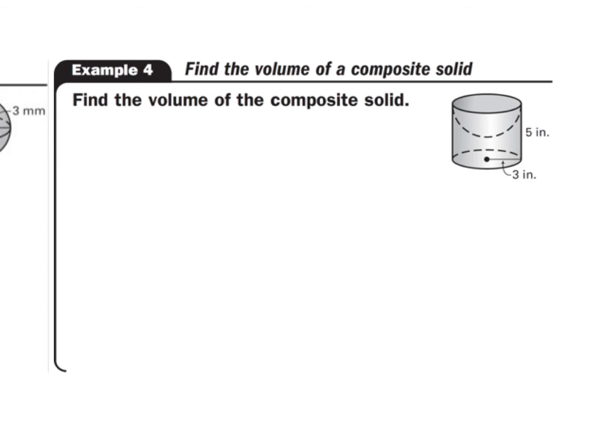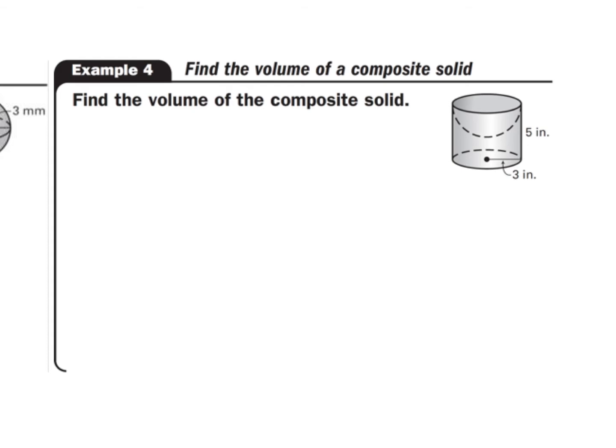Okay, so now we're going to do a different one. We've had some problems like this on our surface area, and this is a cylinder with a half of a sphere scooped out. Whenever we were doing surface area, we did area of the cylinder plus the area of the half a sphere, but this is different.